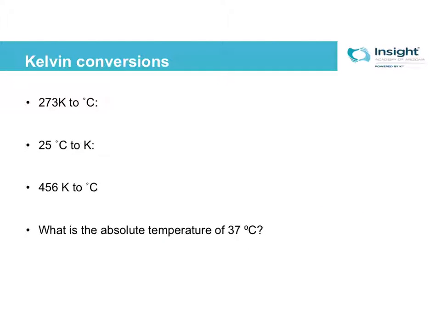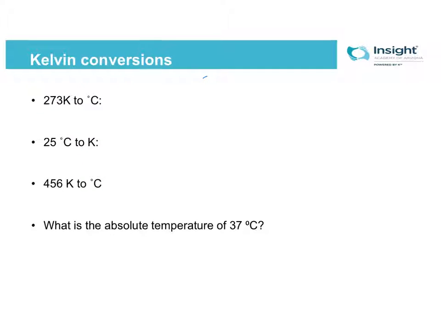So let's practice some of these. We're going to do 273 Kelvin to Celsius. If we remember, Celsius is equal to Kelvin minus 273, and Kelvin is equal to Celsius plus 273.